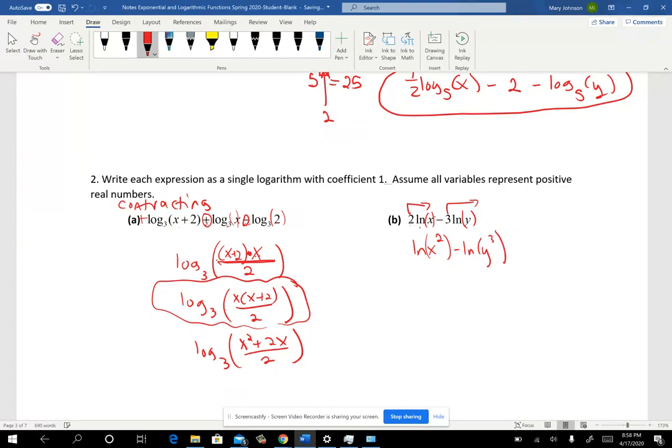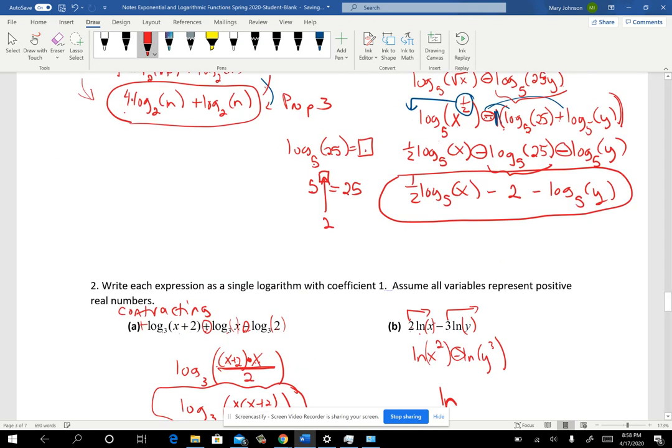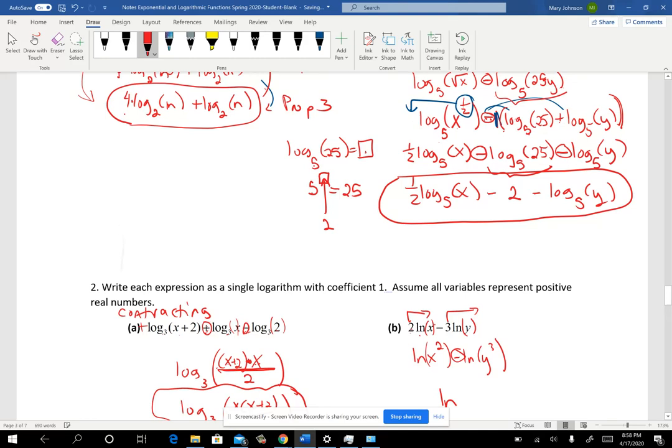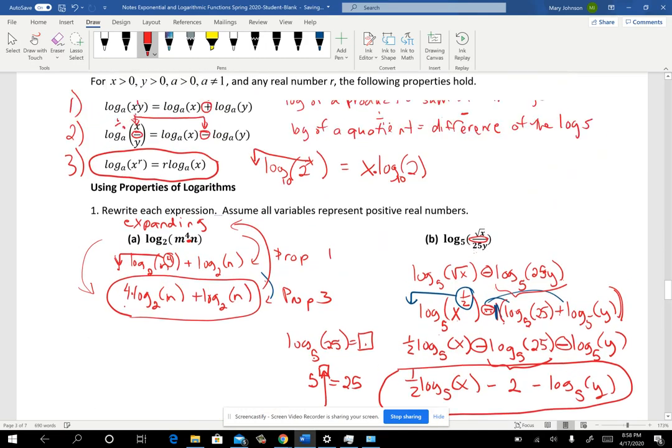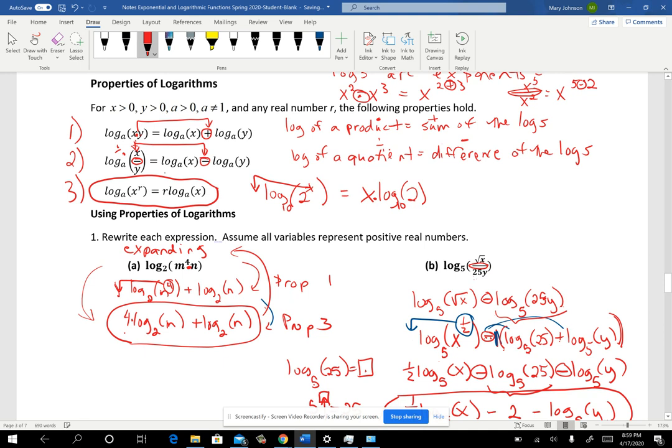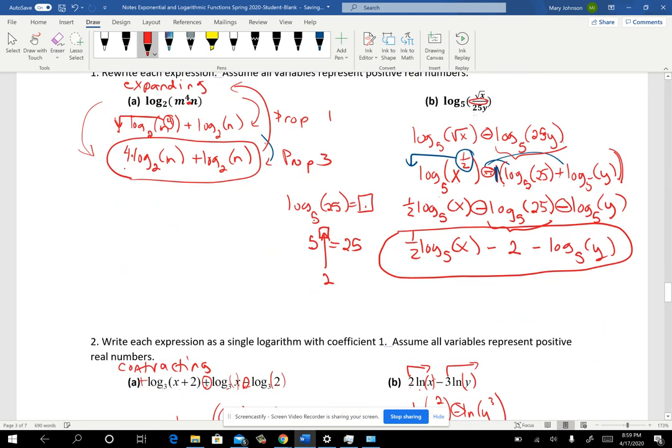All right, and then notice it was minus. So when you contract it and you bring it together, see what's happening is you're on the right side over here, and you're trying to contract it and get to the left side. So your subtraction becomes division.